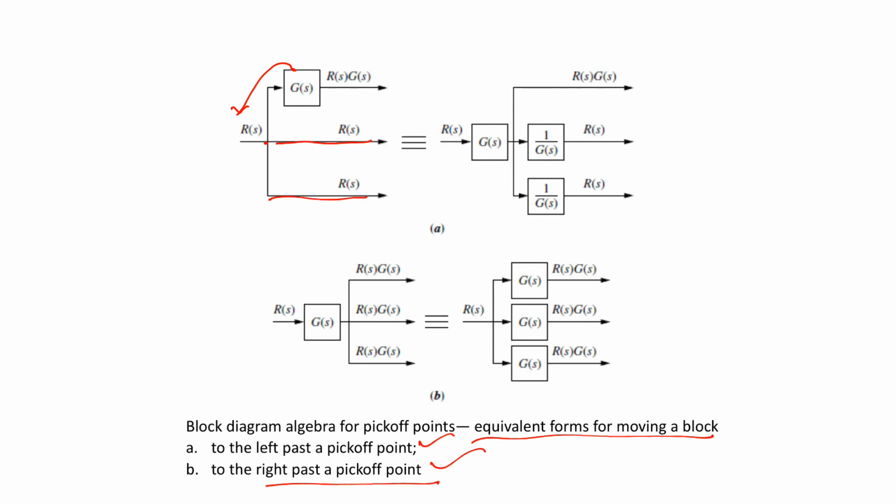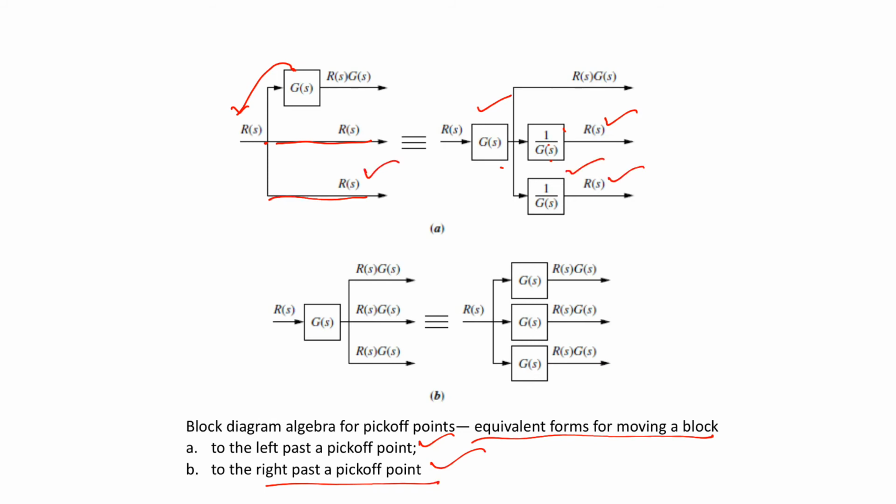So if we put the block G(s) here, then whole of the R(s) is multiplied by the G(s) and we are not getting output as R(s). However, to make output as R(s), we put one block here, that is 1 by G(s), so that G(s) into 1 by G(s) is nullified and we are getting R(s) only. Similar is the case with this also.